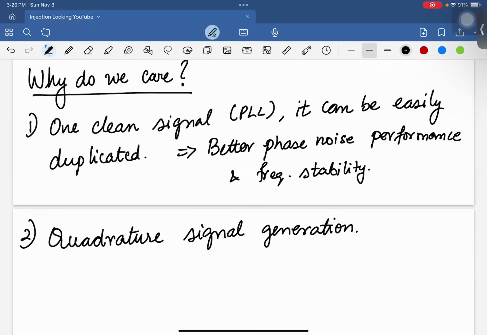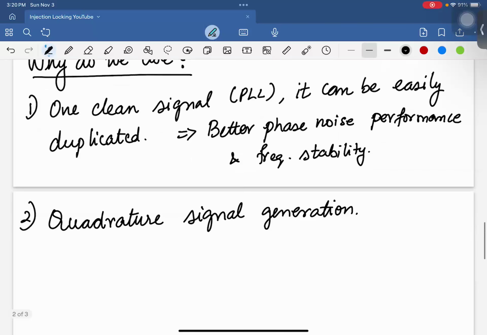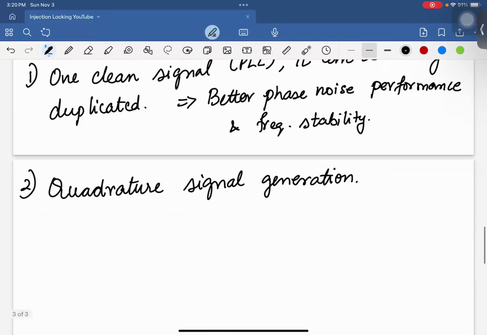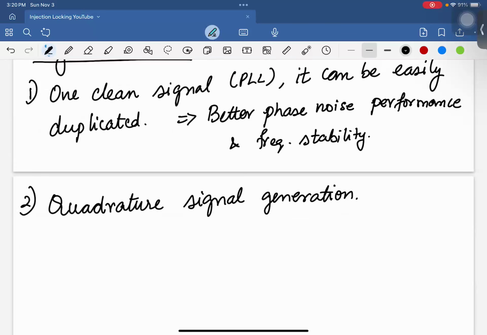So what is that? In many receivers, you want to have IQ mixing, or an IQ mixer. So you want to generate from one oscillator two signals, one at 0 degrees and another at 90 degrees. So same frequency, but two signals that are offset by 90 degrees. It's very useful for IQ signal generation and things like that, with receivers.